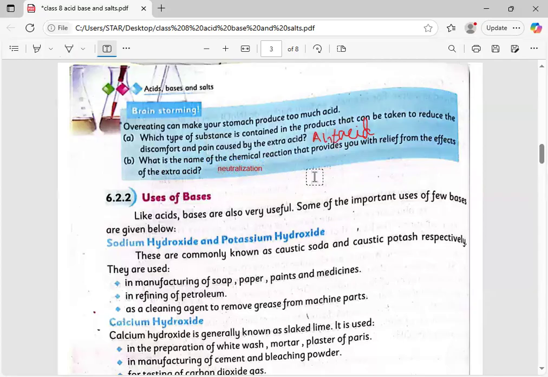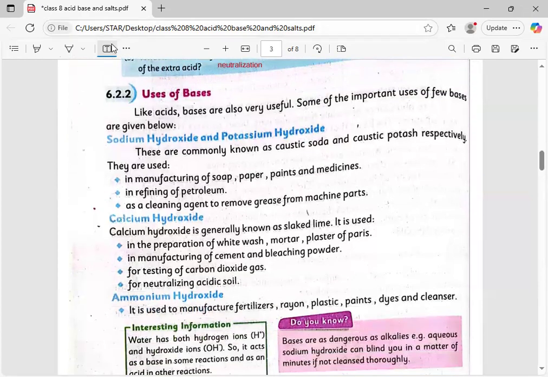Whenever the excess acid reacts with the base, then salt and water are formed, and this type of reaction in which the acid and base react to each other and form salt and water is called a neutralization reaction.